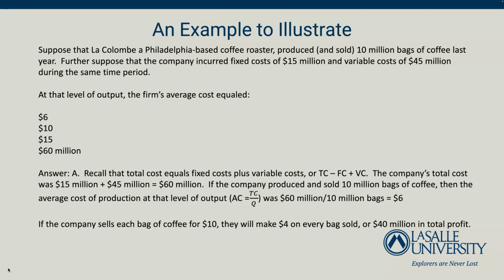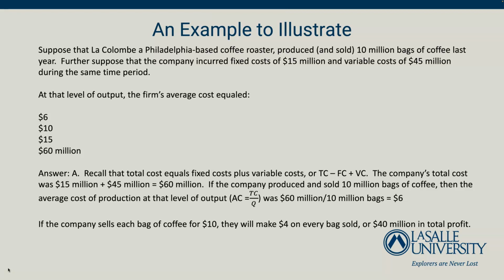At that level of output, what is the firm's average cost? Given that we have fixed costs at $15 million, $45 million of variable costs, and a production level of 10 million bags, in this case, that would be an average cost, or cost per bag, of $6.